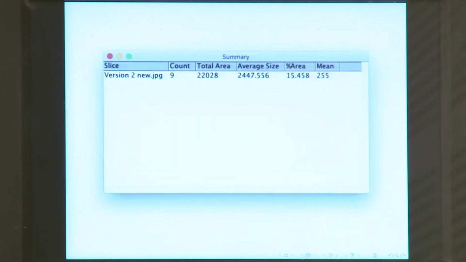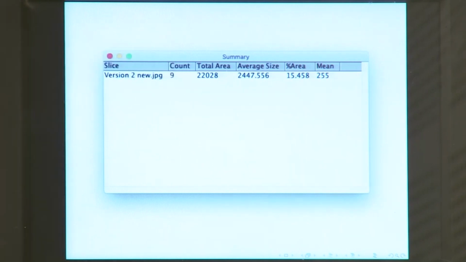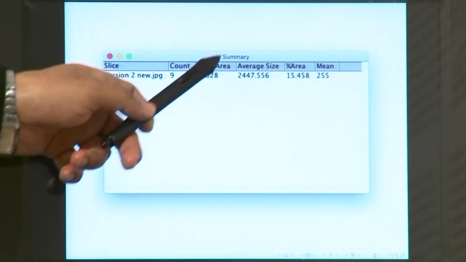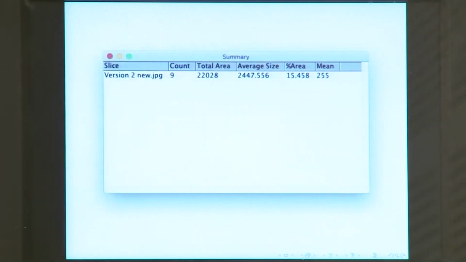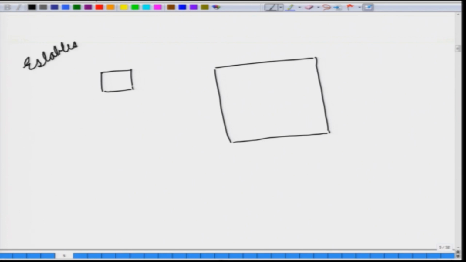So, we can make use of such information to get, say, the count of the number of pits, the average size of each pit. Now, that is important, because for instance, if you make a small pit versus a large size pit, then there will be differences in the establishment of your seedlings.